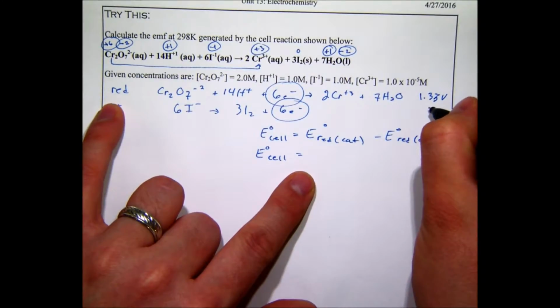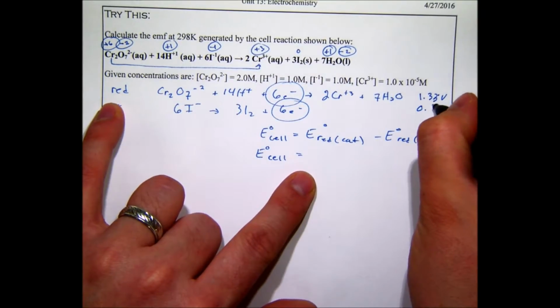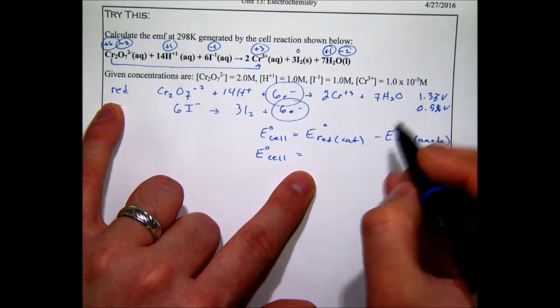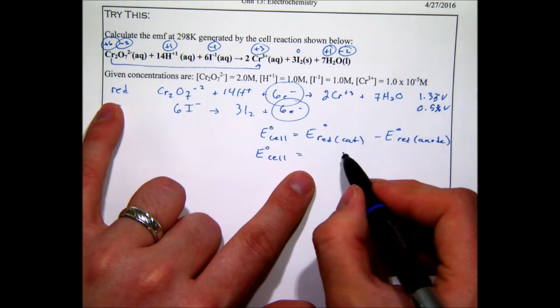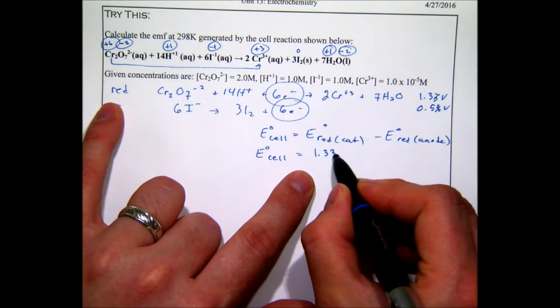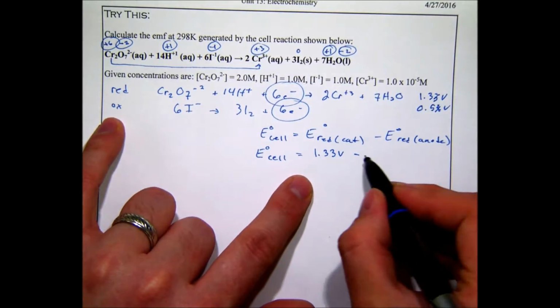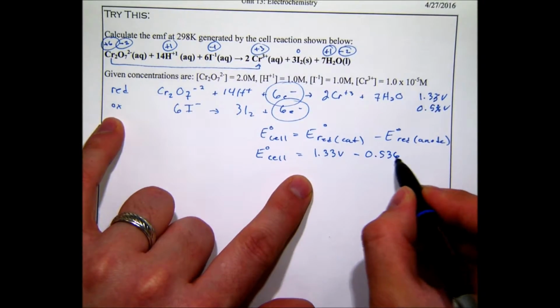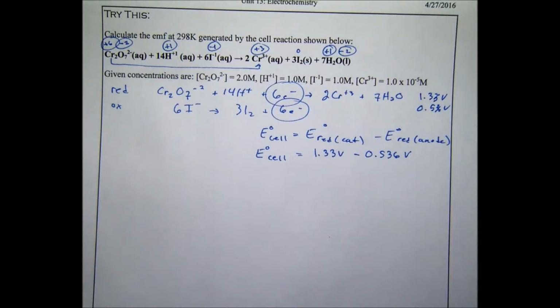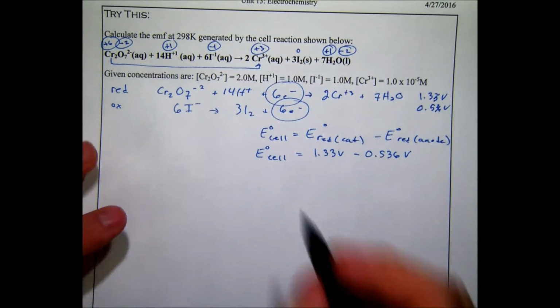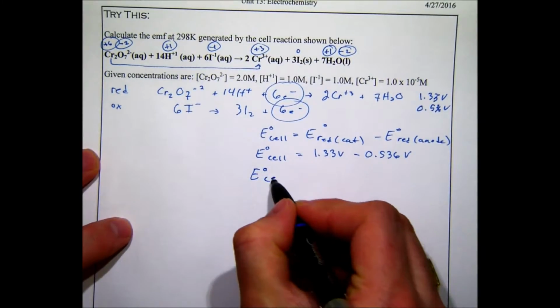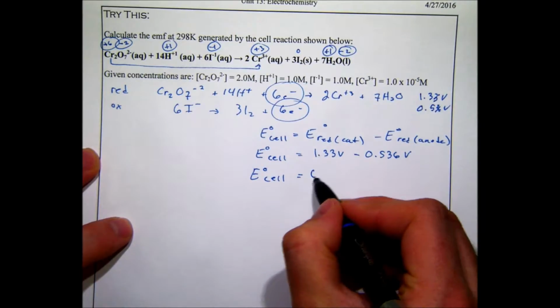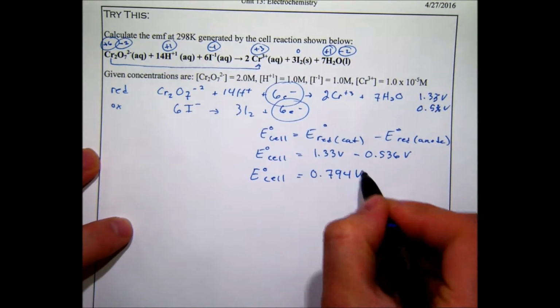The reduction potential for this is 0.536 volts. So the cathode has reduction, so 1.33 volts. Anode has 0.536 volts. Do our calculation. E cell is equal to 0.794 volts.